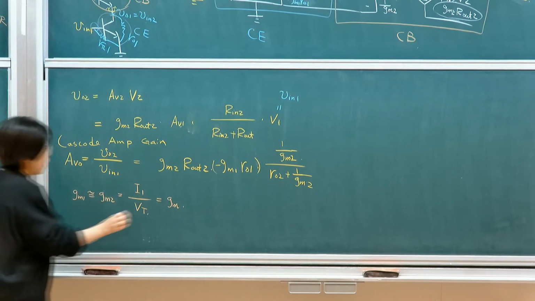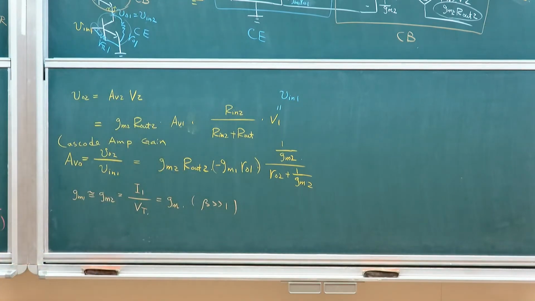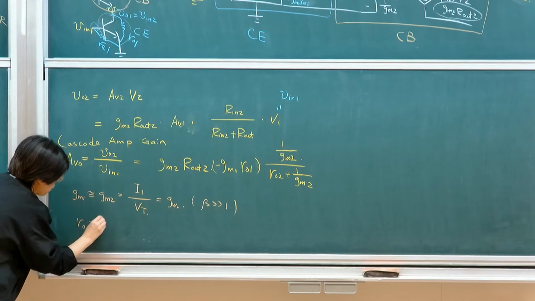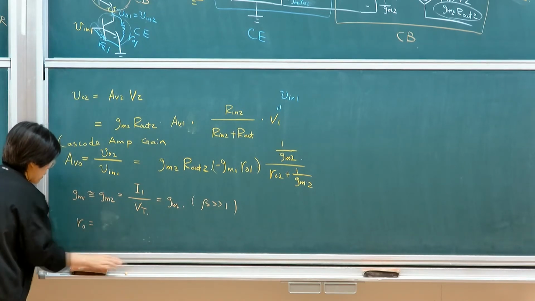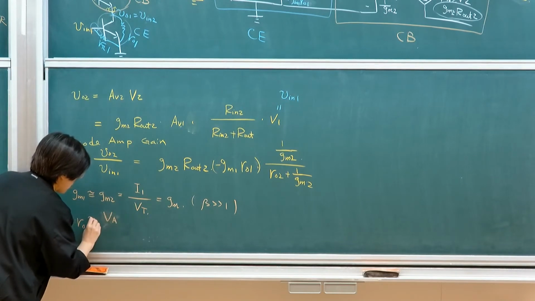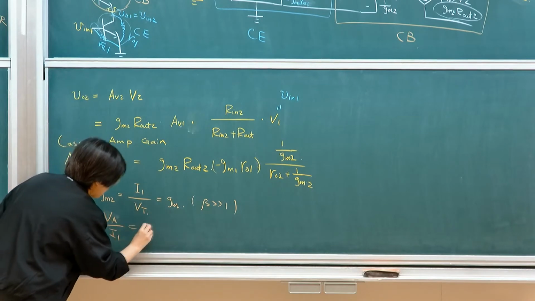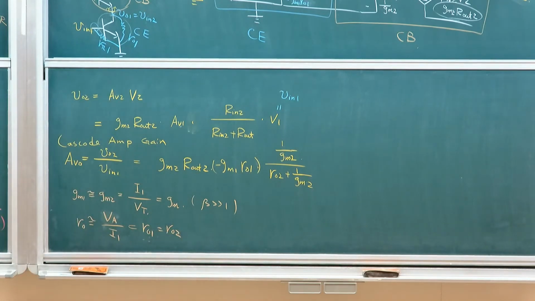Just assume beta is larger than 1. Okay? And RO is the same. RO is VA divided by I1, so that RO1 equals RO2. So no need to label them differently because single branch, you can assume that the output resistance and transconductance are identical.